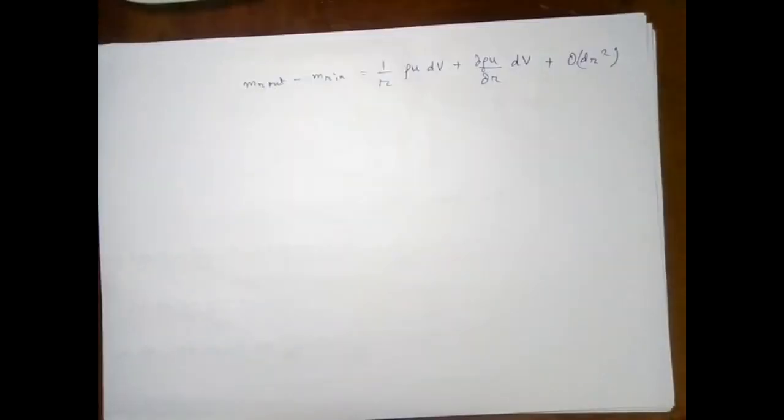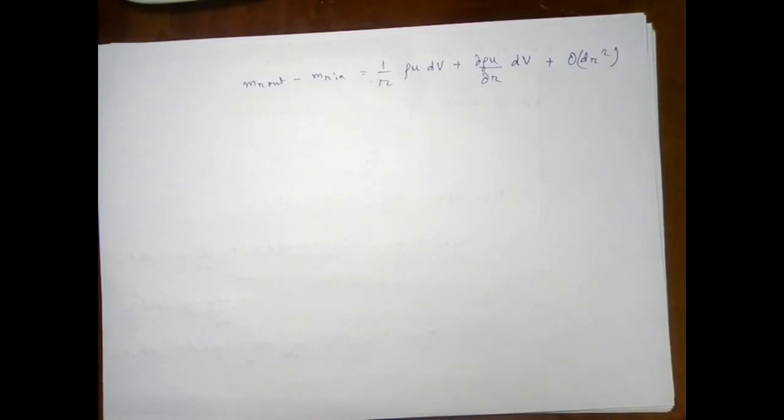So this was the net flow in the r direction, so now if we consider the net flow in the theta direction, we can compute it simply in terms of the area.